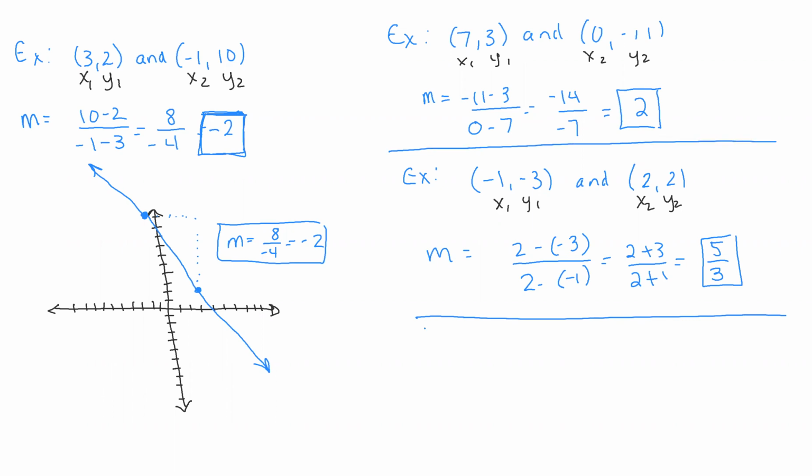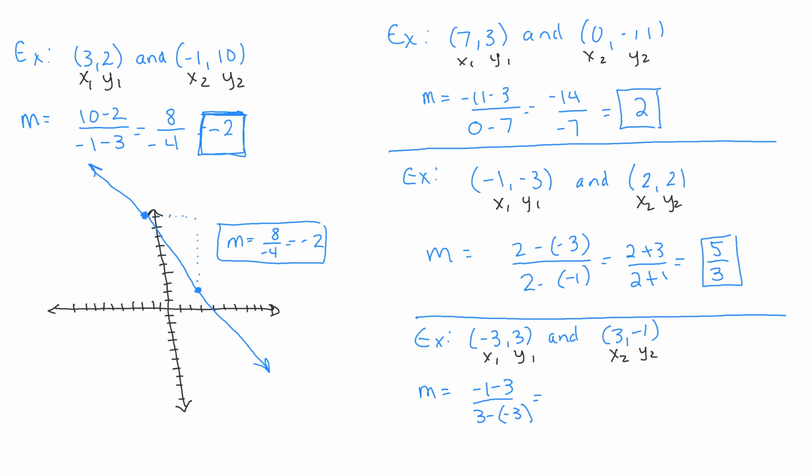I think I've got room for one more on this slide. So for this one, I have negative 3, 3, and 3, negative 1. So we'll label x1, y1, x2, y2. And then we want the difference in our y's, so negative 1 minus 3. So I take y2 minus y1, and then I take x2 minus x1.